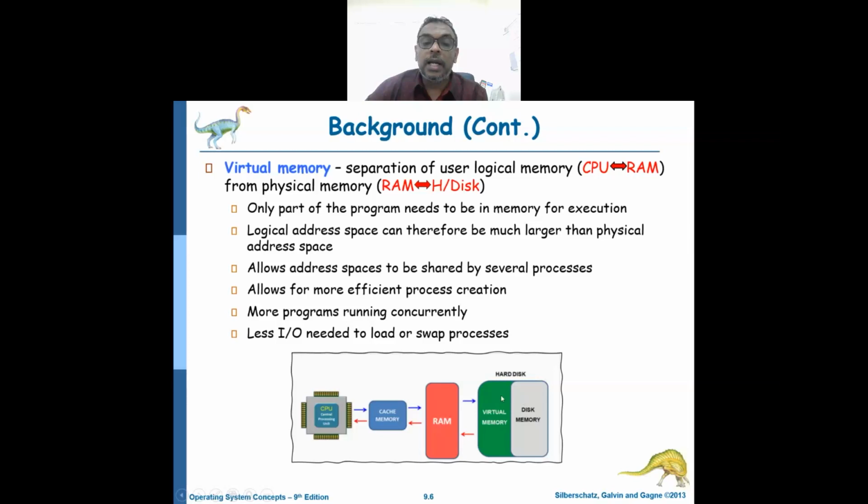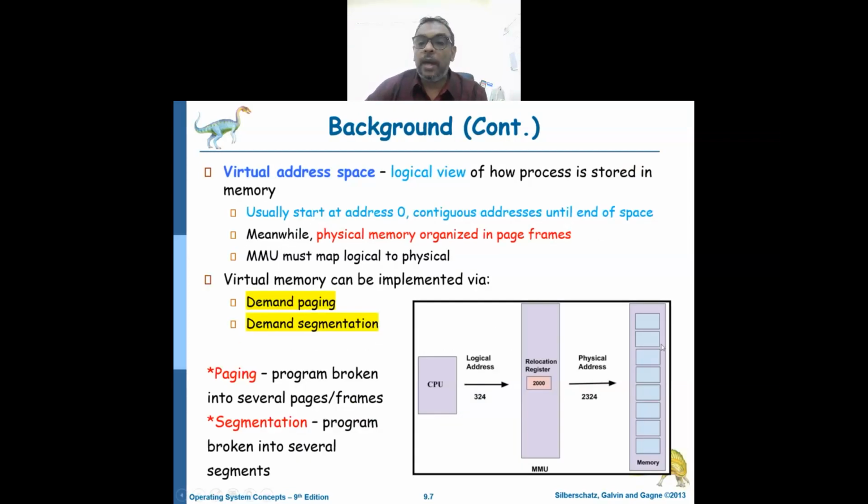It is part of the hard disk over here. So this green and red is actually the same thing, which is your RAM or your physical memory. What the operating system is doing is simply increasing the RAM size by taking some space from the hard disk and making that into RAM or physical memory. Okay, so basically this is what we have.